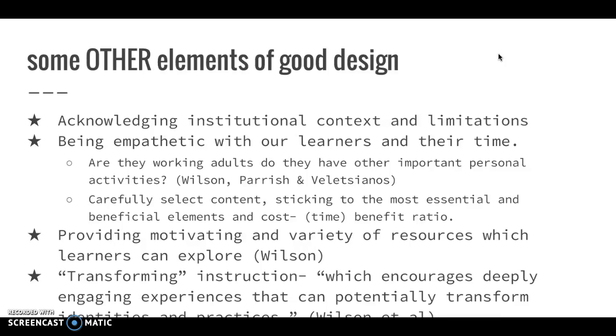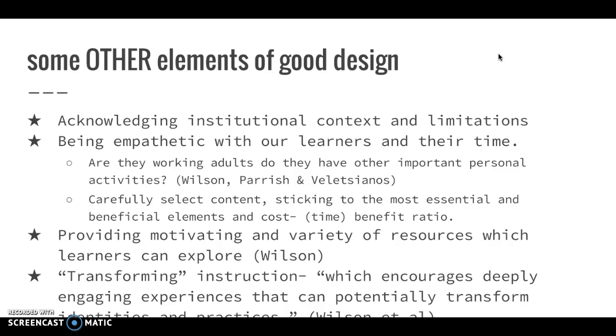Some other elements of good design, I think if we take into account that we all have certain constraints within our institutions and limitations, and we take that into account when we're designing, things come out better. Another thing is we need to practice empathy with our learners and consider their time. A lot of these people, especially in online courses, they're working adults.